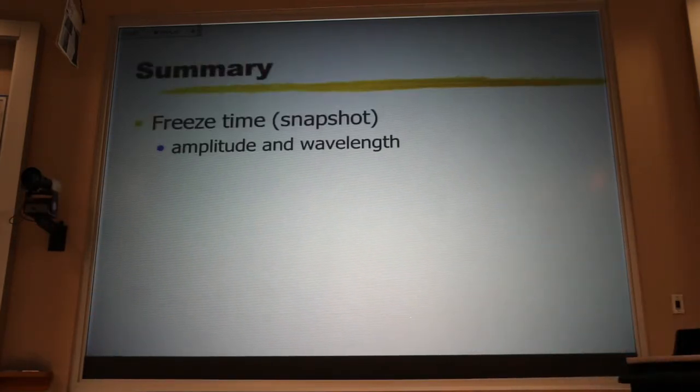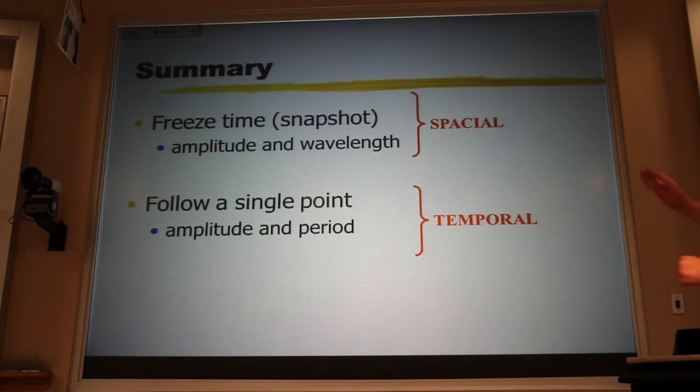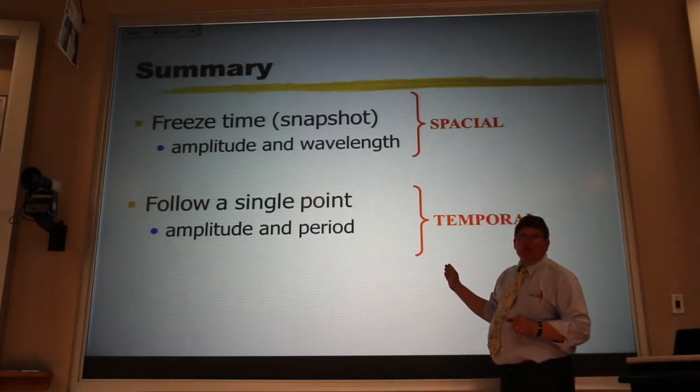When we freeze time, we get the amplitude and the wavelength. If we freeze position by following a single piece of the medium, we get the amplitude and the period. We need both in order to describe the wave. This would be the spatial repetition, and this would be the temporal or timing repetition.